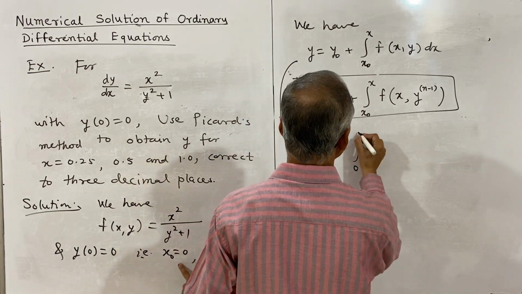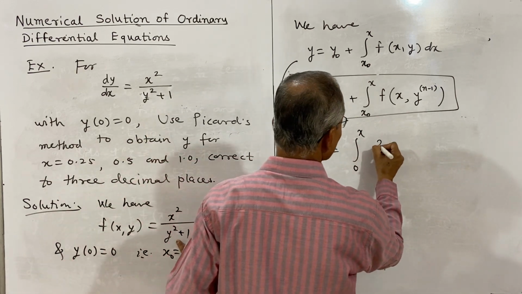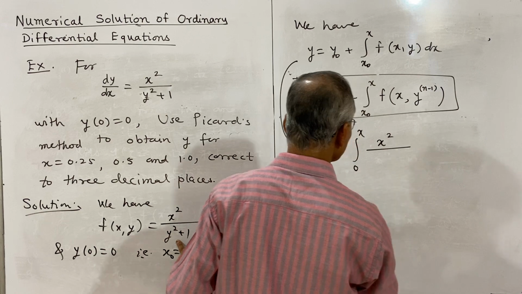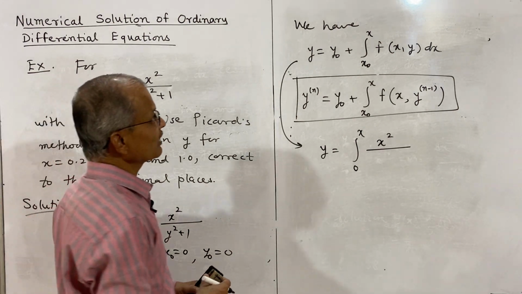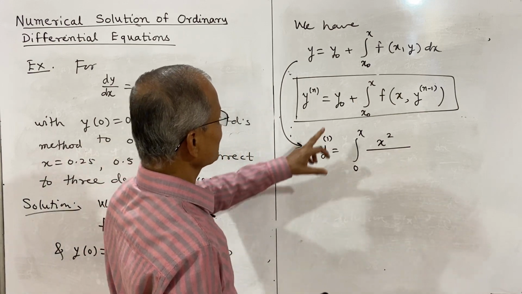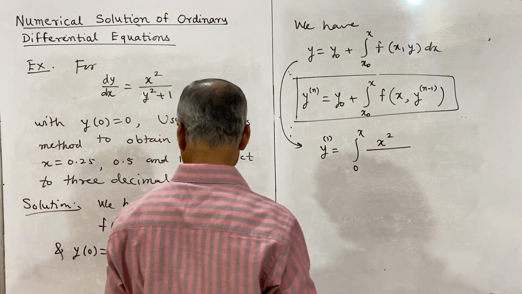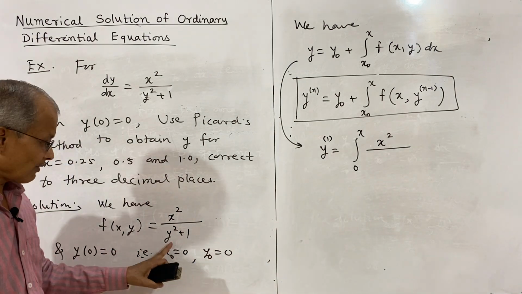So it is integral 0 to x, f of x comma y, that is x square divided by y square plus 1. And you see what is the value for the first approximation. For the first approximation we write n as 1, and here y naught is 0, so y naught square is 0 square.